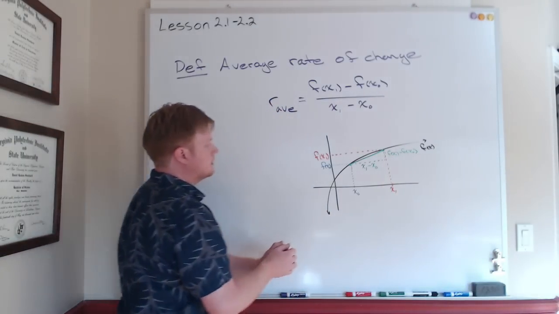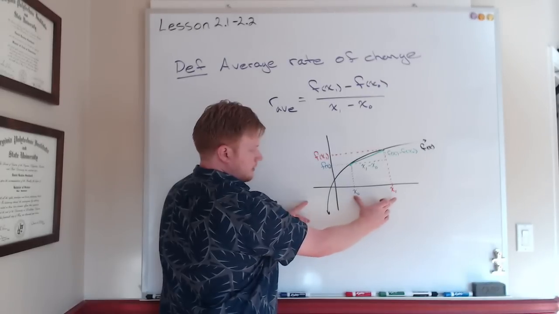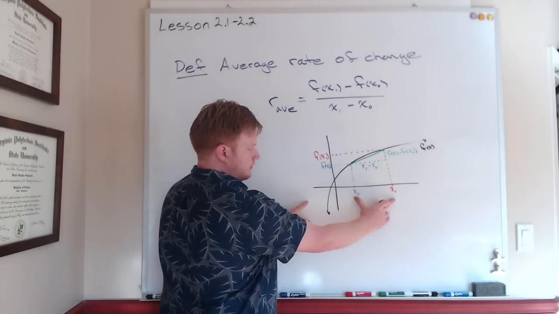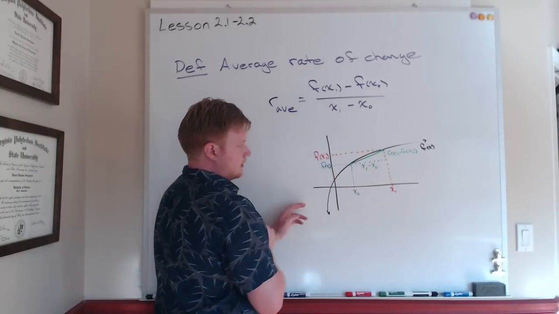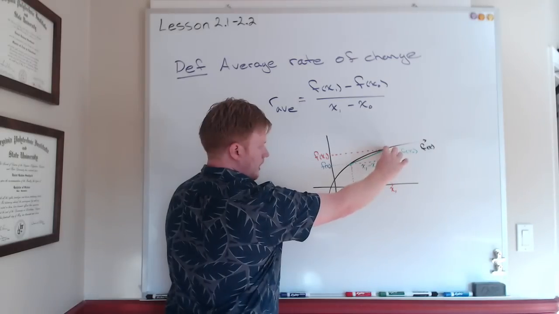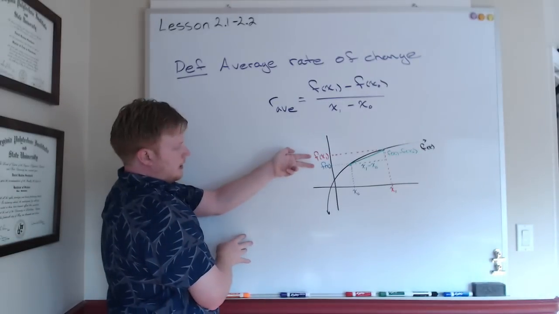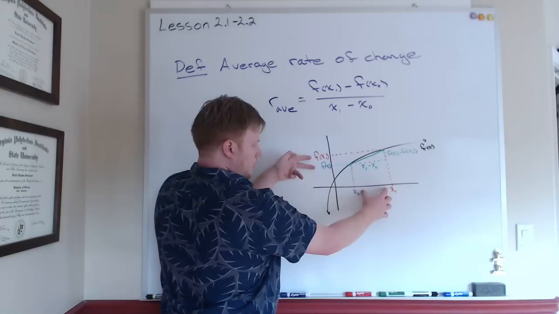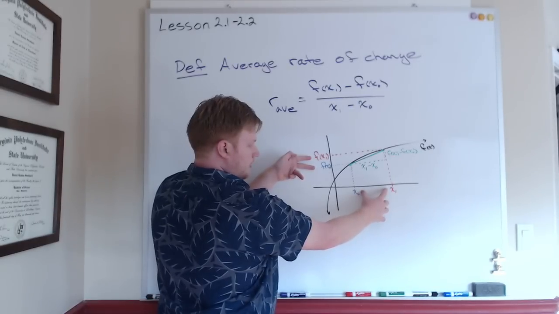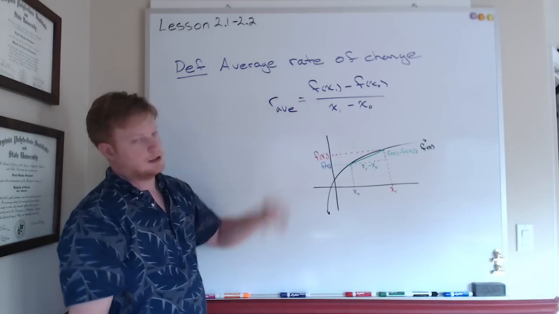For instance, the average rate of change of f of x over the interval x sub 0 to x sub 1 is the slope of this green secant, which is rise over run. The rise is the difference between f of x sub 1 and f of x sub 0, and the run is x sub 1 minus x sub 0. So we get the average rate of change being defined this way.